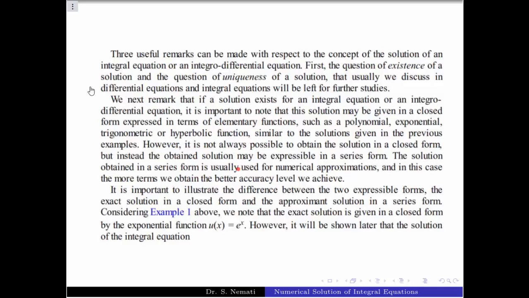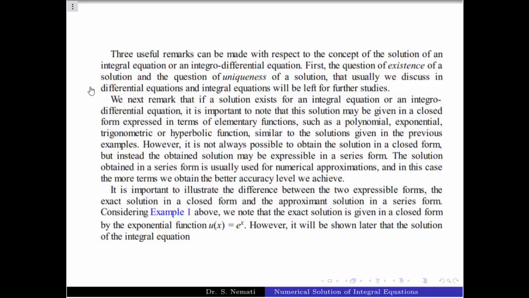The next topic that is very important for us to consider: if a solution exists for an integral equation or an integral differential equation, this solution may be given in a closed form expressed in terms of elementary functions such as polynomial, exponential, trigonometric, or hyperbolic functions, similar to the solutions given in the previous examples.